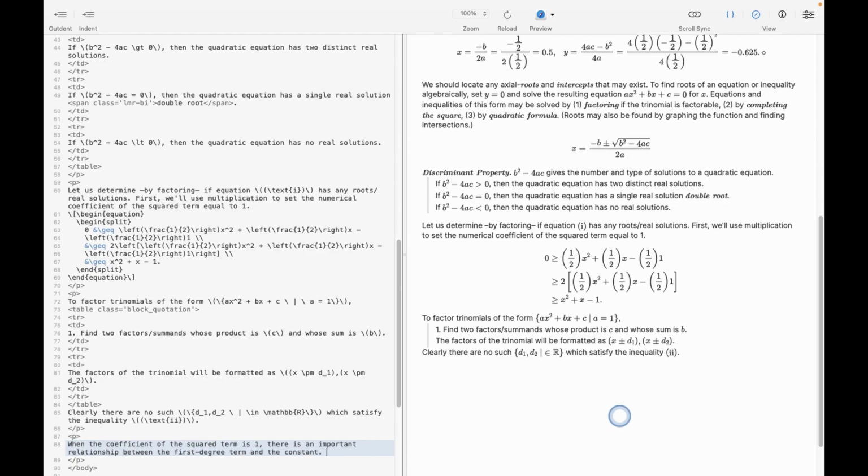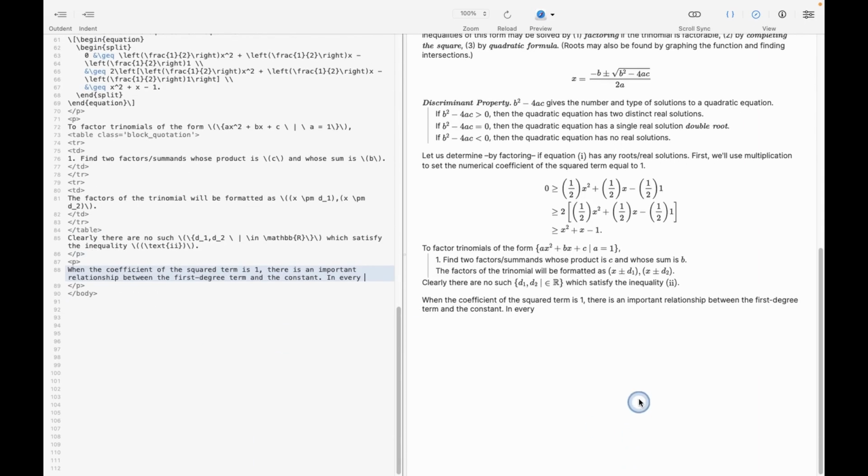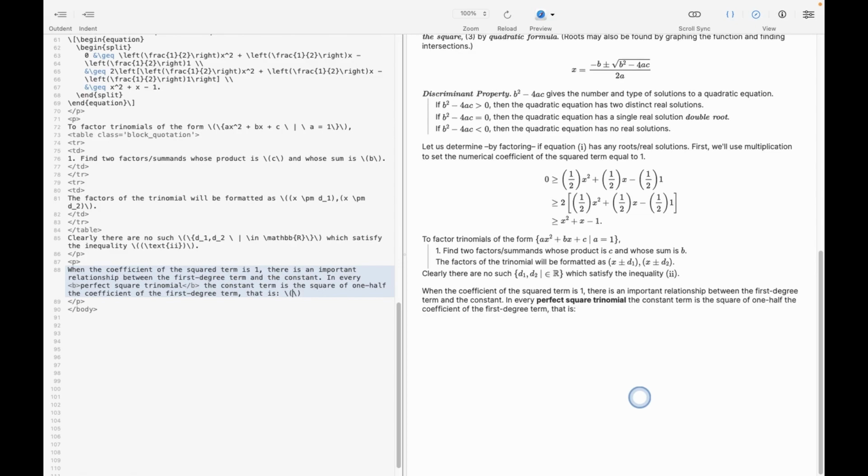Well, in every perfect square trinomial, the constant term is the square of 1/2 the coefficient of the first degree term, which is to say, c equals quantity 1/2 times b squared.